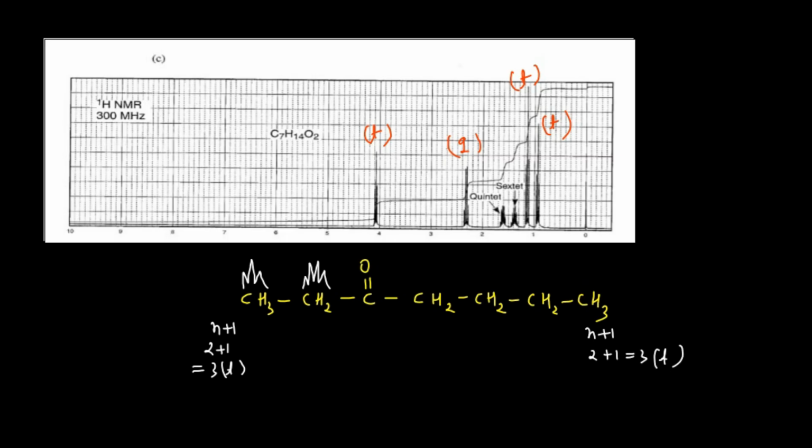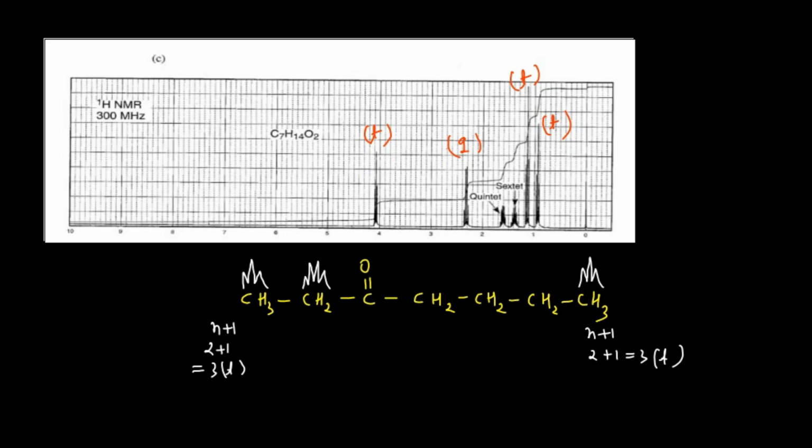So again a triplet is here. And now you can see here, if you want to calculate the splitting pattern of these hydrogens, on the left hand side you have two hydrogens, on the right hand side you have three hydrogens, and all are alkyl hydrogens. So there is not much difference between their coupling constants.